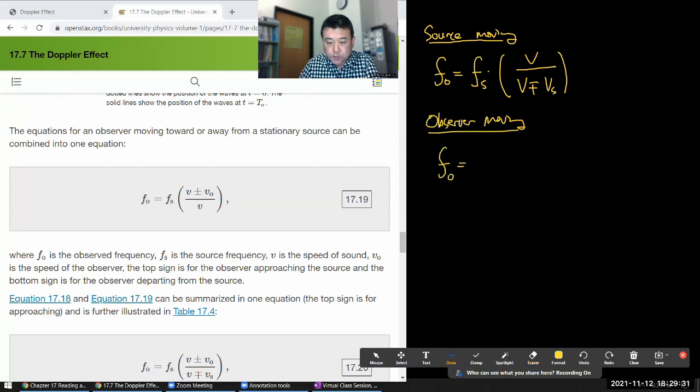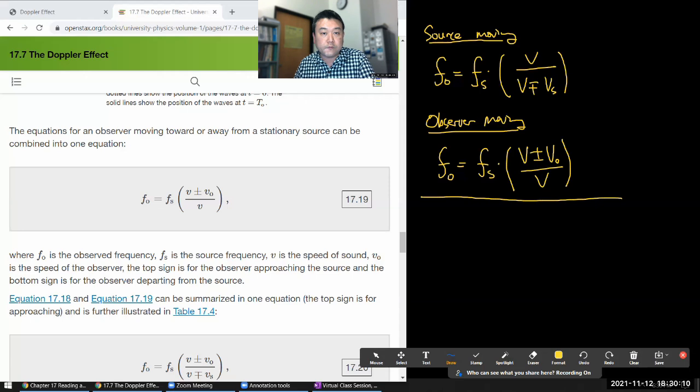Then the observed frequency is the source frequency times, and you see that the terms that are being modified are different. So it's the factors in the numerator that are getting changed. Speed of sound plus minus speed of the observer, divided by speed of sound. And let's look at the sign here. Top sign plus is for the observer approaching the source. That makes sense. When the numerator is greater, the observed frequency is greater.